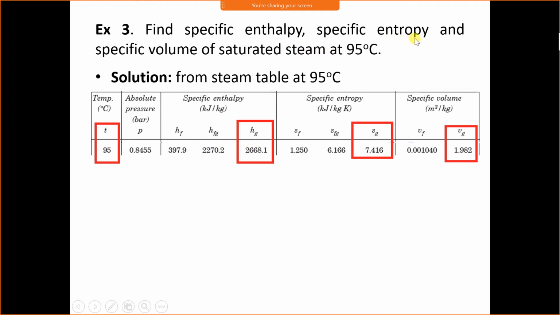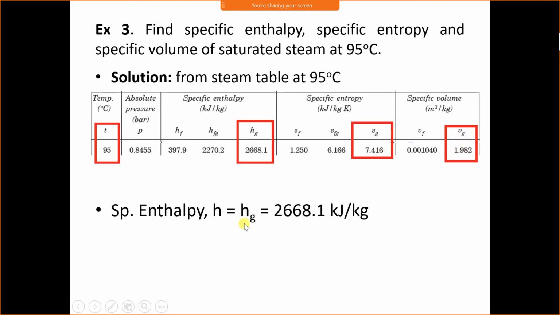Since steam is saturated, for enthalpy we will take hg, for entropy we will take sg, and for specific volume we will take vg. Therefore, specific enthalpy h is equal to hg, which is 2668.1 kilojoule per kg.